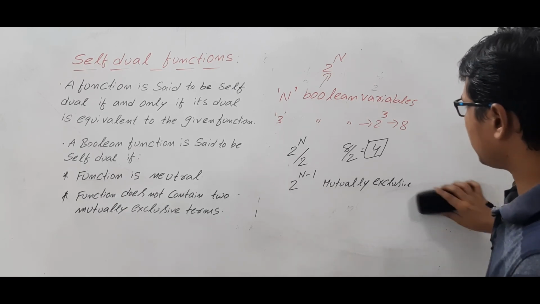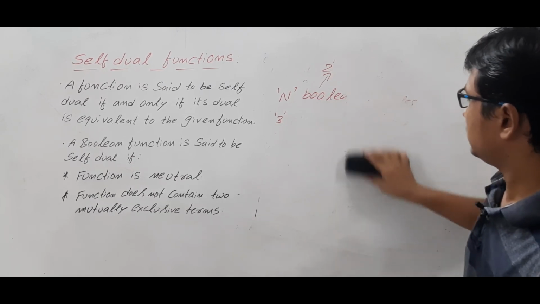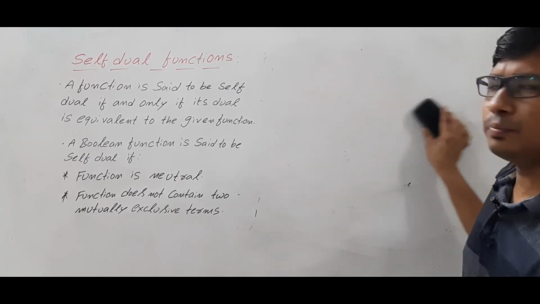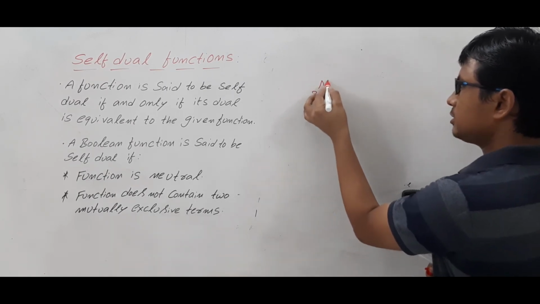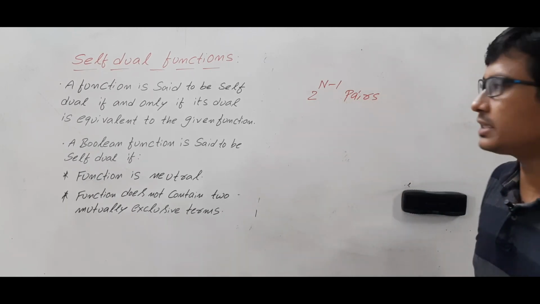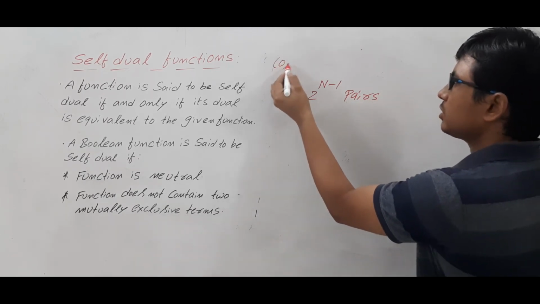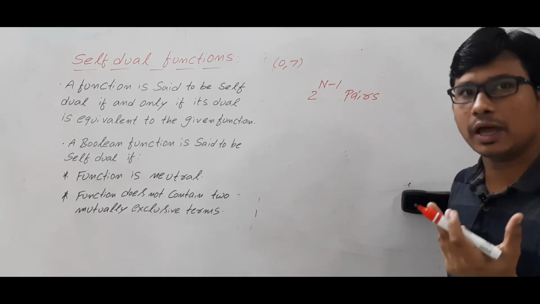Okay. Now remember one thing. Let me write it. If you have 2 power n minus 1 pairs, each pair, 2 power n minus 1 pair is there. And in each pair, let's take that when we have a pair called 0, 7, 0 is possible or 7 is possible. Not both. Am I right?